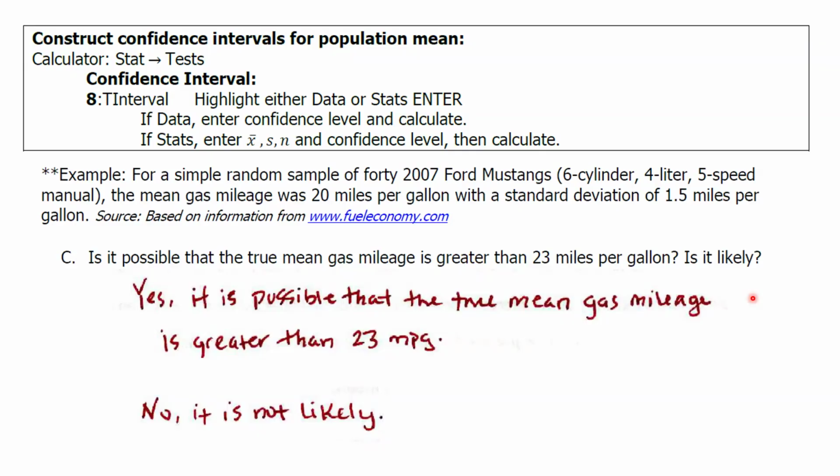The value here of 23 is not in this interval and is actually quite far above our upper bound of 20.48. So while we can never be 100% certain about population parameters, our interval suggests the true mean is most likely between 19.52 and 20.48, making 23 miles per gallon very unlikely.